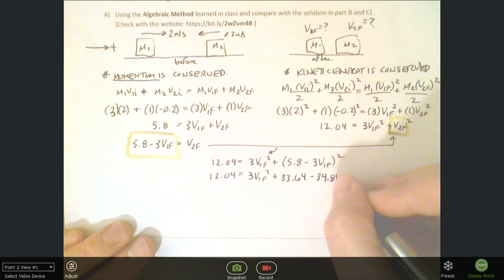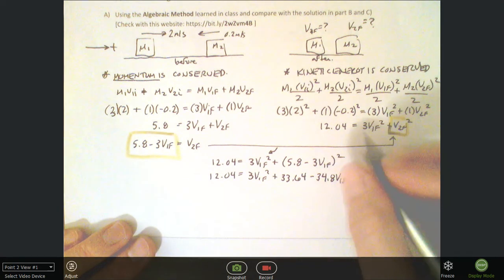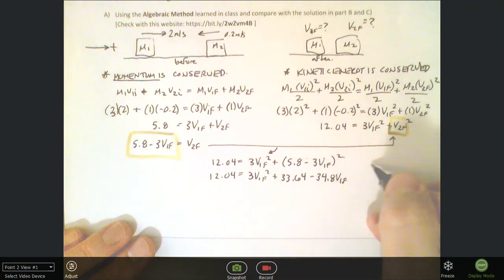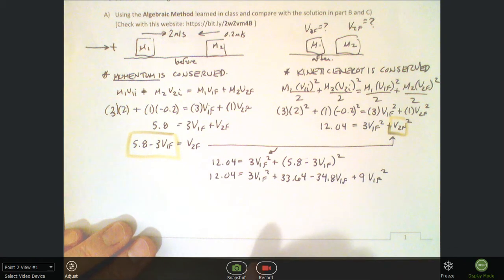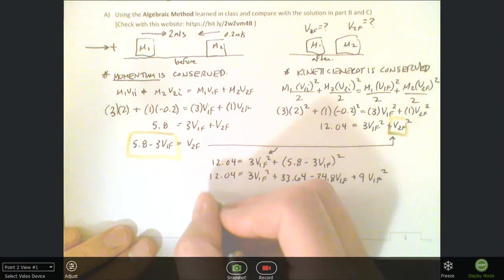And if you forget the math for that, please review squaring the brackets and how you do that. And the last term, negative 3 squared is positive 9, and you have to also square the v1f, so you get this. Now let's collect like terms.